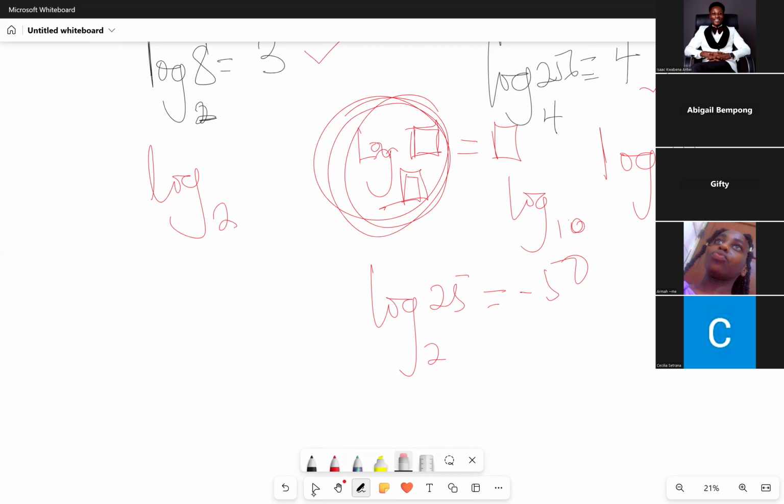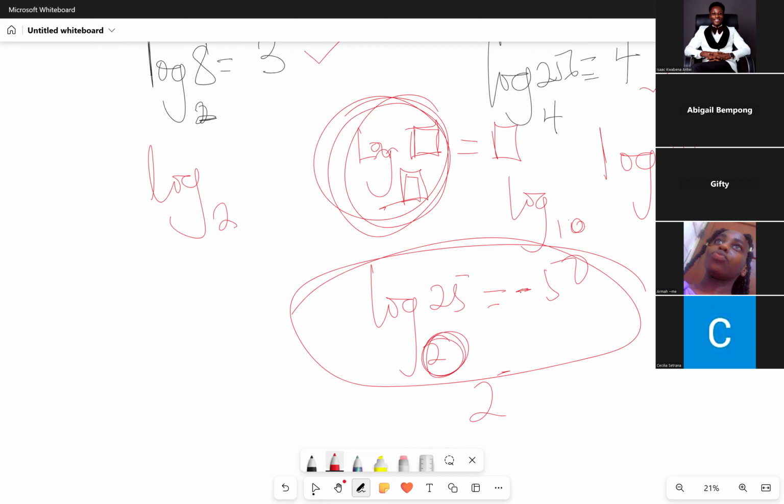But you can have something like this, where what comes after the equal sign is negative. You meet them a lot, and you will get them. But this doesn't make logical sense. What you cannot have is the log of a negative base.